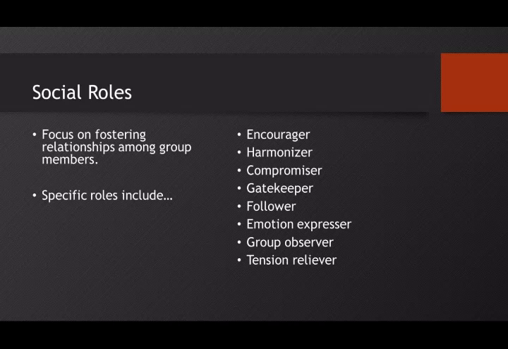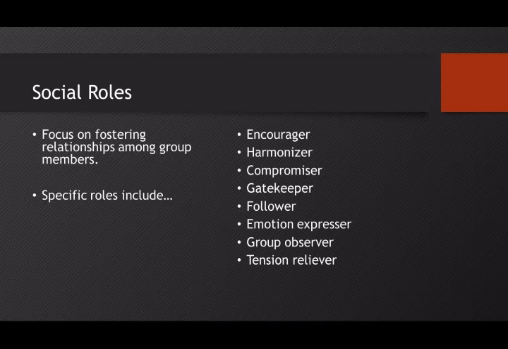Again, it's important for you to go back to the book and look at the specific descriptions under each of these social roles. A couple to remember are, for instance, the tension reliever, somebody who brings in humor perhaps at a particular time in the group that can help relieve tension and help people become more relaxed. You can have somebody who is more of a harmonizer, who tries to promote harmony and understanding amongst group members.